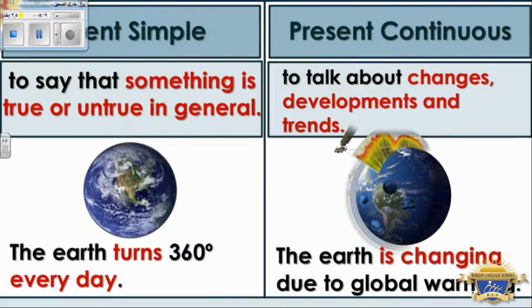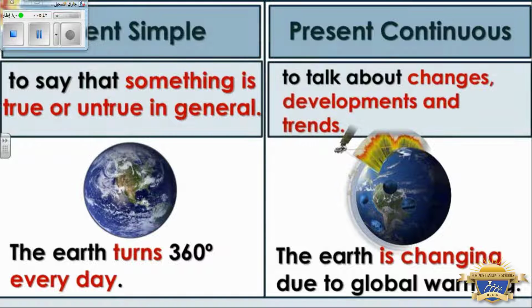Again, when you talk about facts, the present simple is the best thing to use, like the earth turns 360 degrees every day. It's a fact that all people believe. As for the present progressive, to talk about changes, development and trends, like the earth is changing due to global warming.